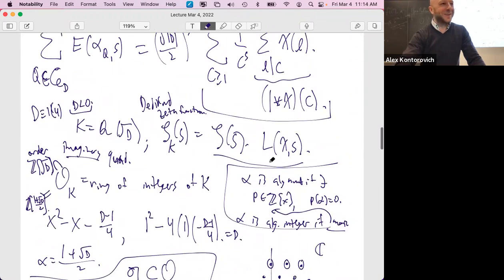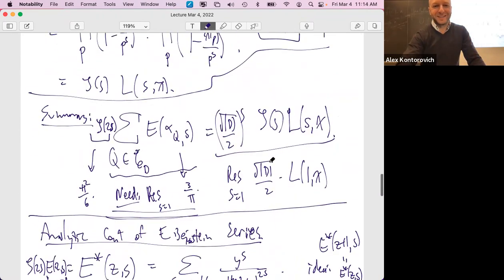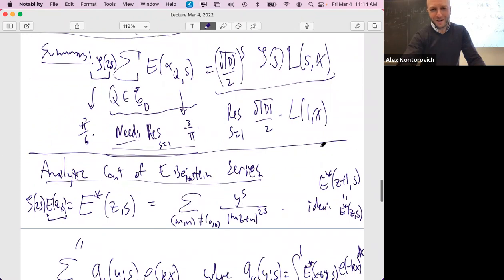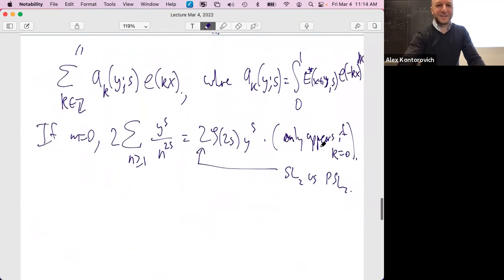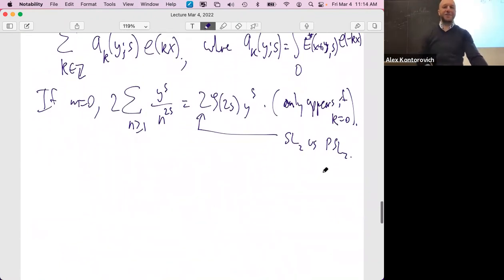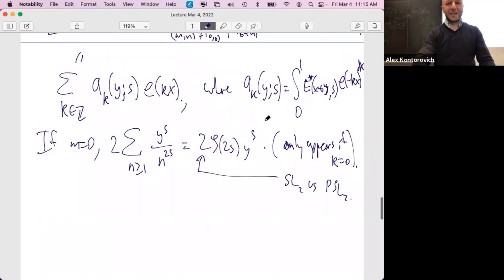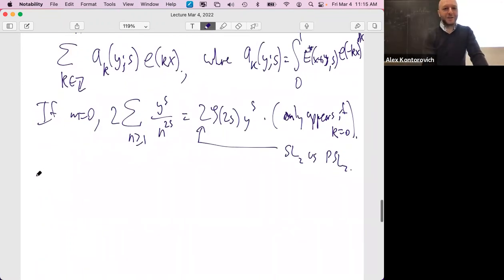We could be off by a factor of 2 somewhere. Anyway, I don't think we are, but maybe we are. So this needs to be checked for 2s. Hunt down your 2s. That's why I hate PSL versus SL. I just always write SL, and then if I find a factor of 2, I know where it's coming from. All right. So what about m not equal to 0?